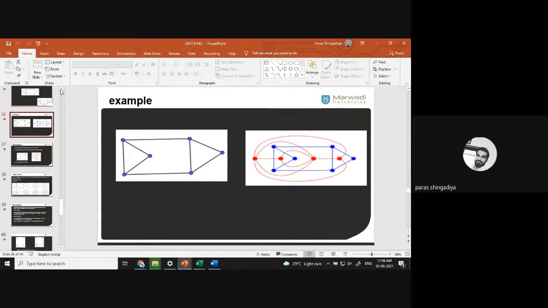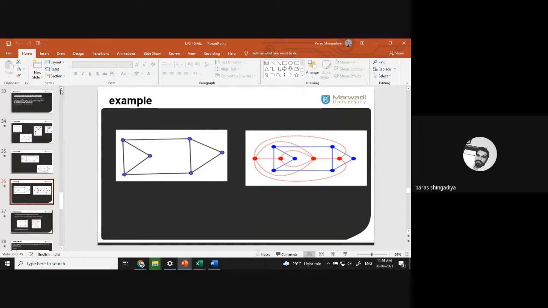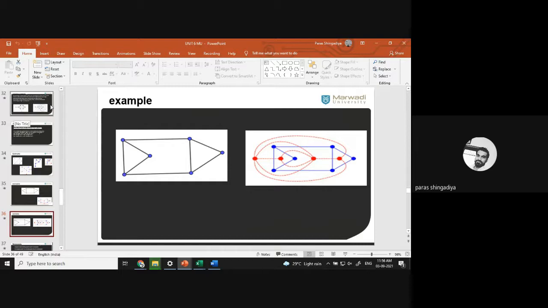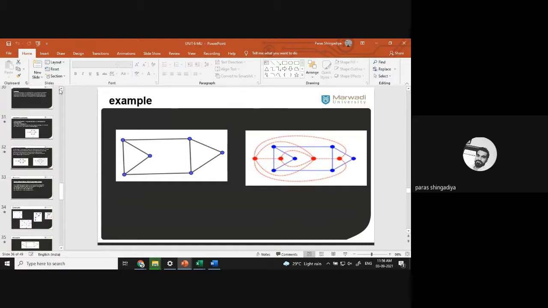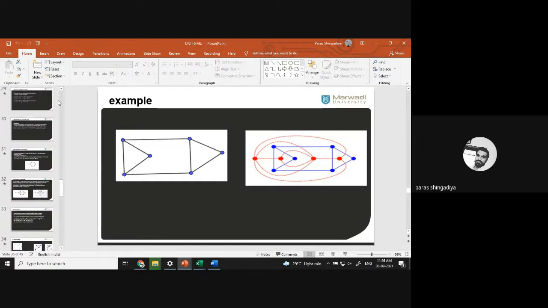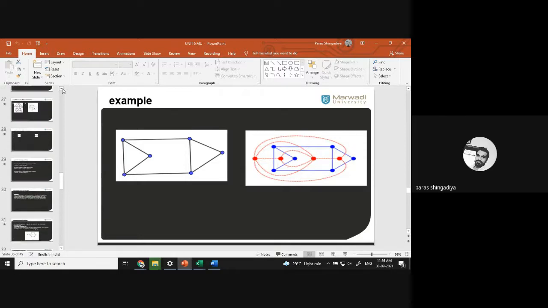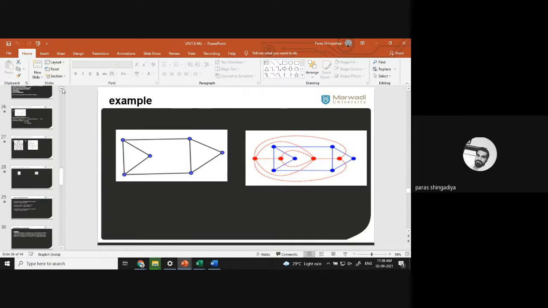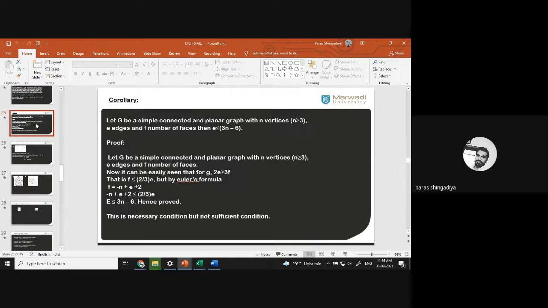If you need to create a connected simple planar graph, how many edges are required to create a graph by using n vertices? We need to create one simple connected planar graph.